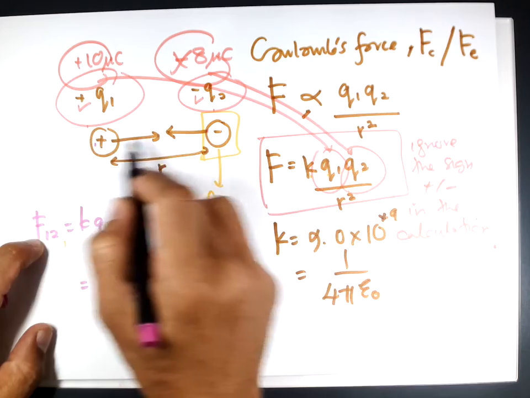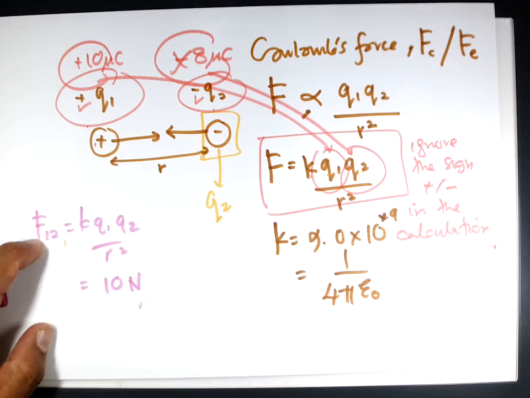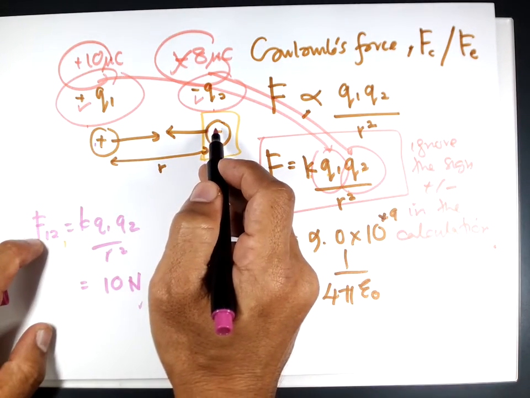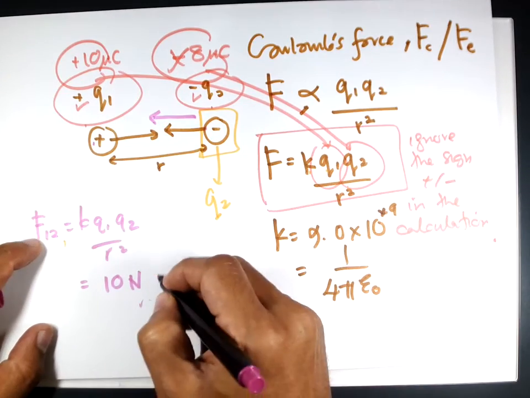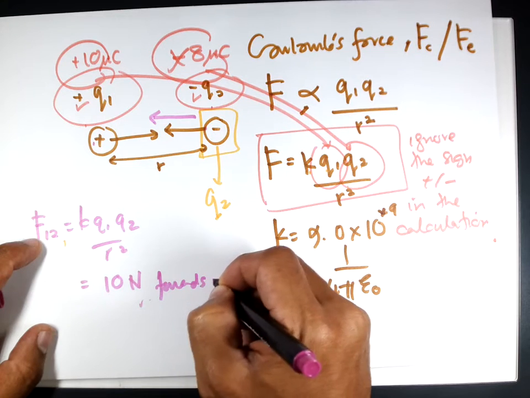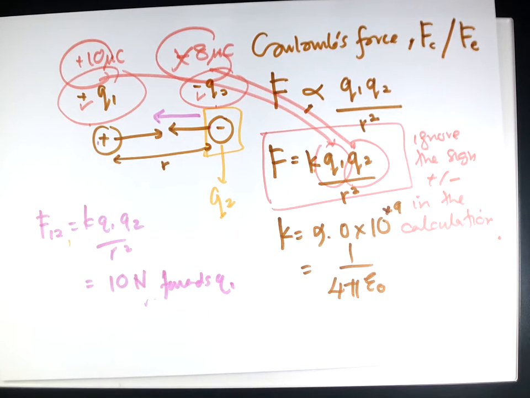So producing an attractive force means you pull it. So where will it go? It goes towards you, right? So 10 newtons towards Q1. Okay, then full marks. If just 10 newtons, it's not complete, because this is a vector.